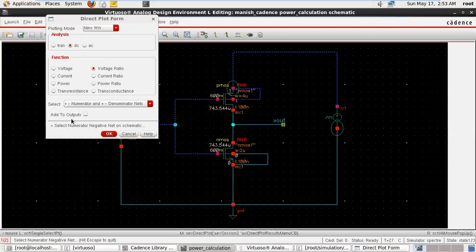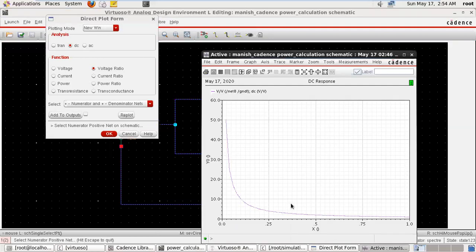Now select numerator negative node. Suppose this is the numerator negative node. Now select denominator positive node. Suppose this is the denominator positive node. Now select denominator negative node. You can select another wire, and in that case this voltage will appear.